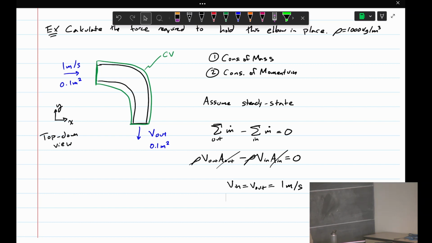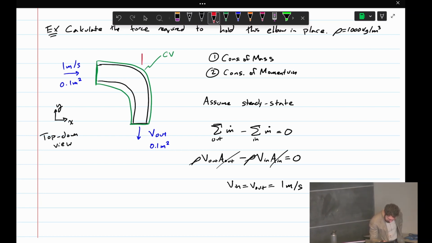If we have an intuitive understanding, we can assume a direction for these forces. Remember that in this analysis, we consider the forces that act on our CV. So let's say our, let's see, what did I assume here?